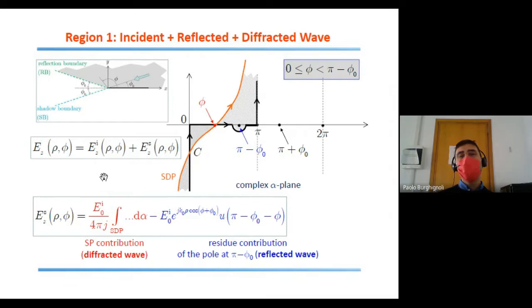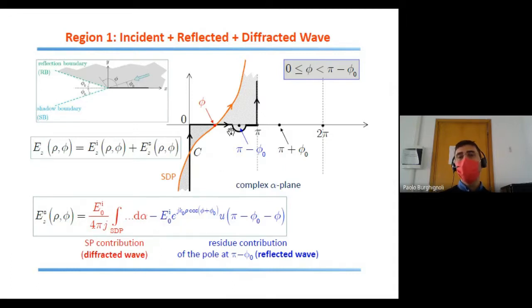So by means of this deformation, by manipulating the scattered field by means of this change of integration path, we can express the scattered field as the sum of the contribution coming from the steepest descent path, and that is by definition the diffracted wave, okay, plus the residue contribution of the pole that is located at pi minus phi 0. And if you evaluate it, you will discover that it is exactly the reflected wave.